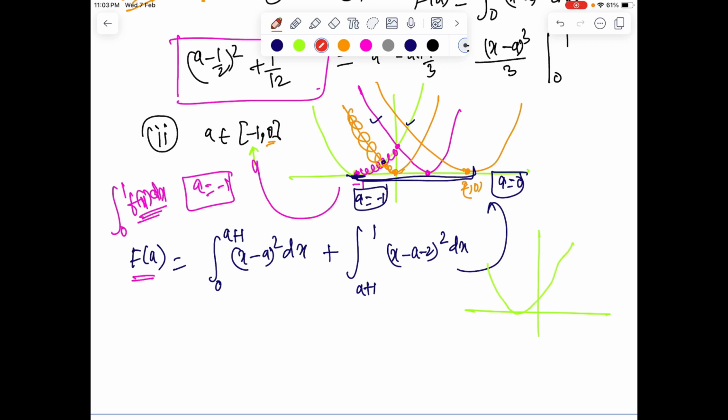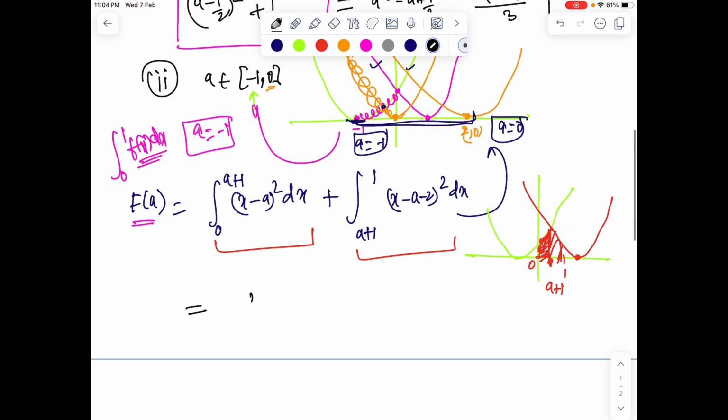So logically what's happening is x minus a whole square is going to be like this, and x minus a minus 2 whole square is going to be this. So 0 to 1 is basically this area of bounded region. So the point of intersection is a plus 1, hence we'll break the integral from 0 to a plus 1, first part, and second part. Now this calculation you can simply do quickly.